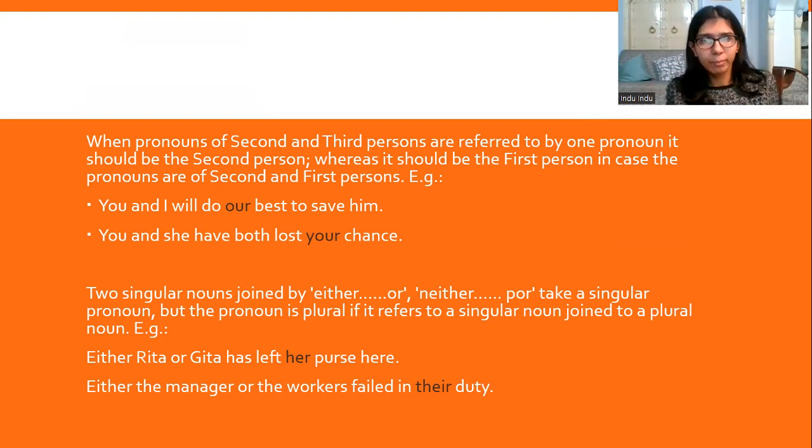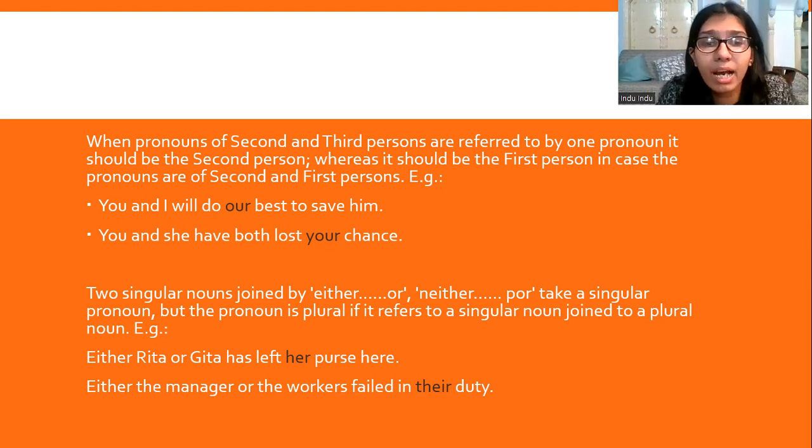Two singular nouns joined by either or, neither nor. That is nor. There's a mistake there, just note it. So two singular nouns joined by either or, neither nor take a singular pronoun. But the pronoun is plural if it refers to a singular noun joined to a plural noun. So when we say either Rita or Geeta has left her purse here, it takes a singular pronoun, her, because two singular nouns have been joined by either or.